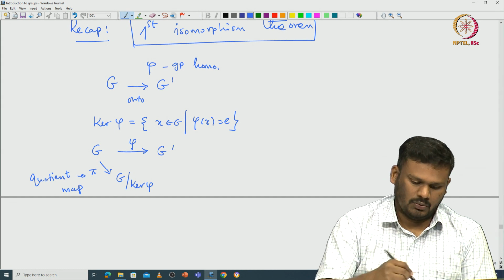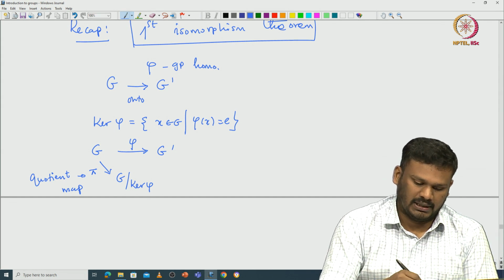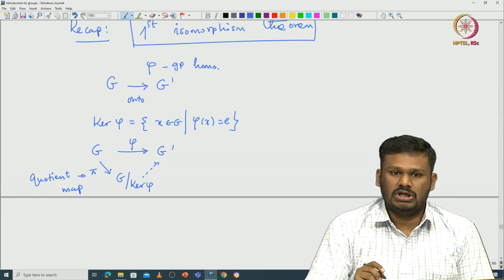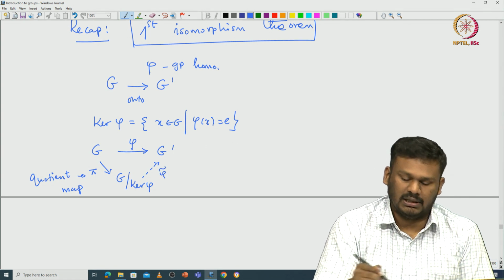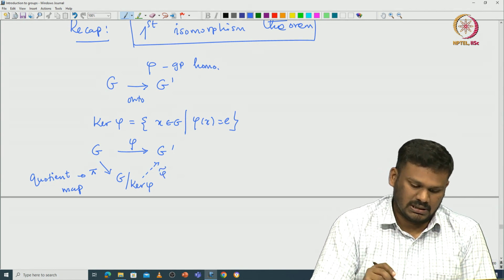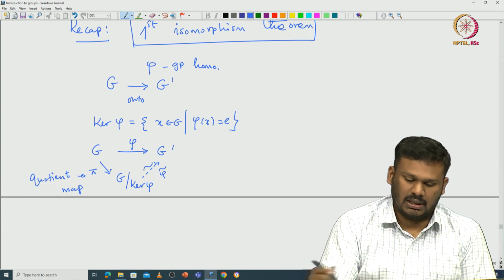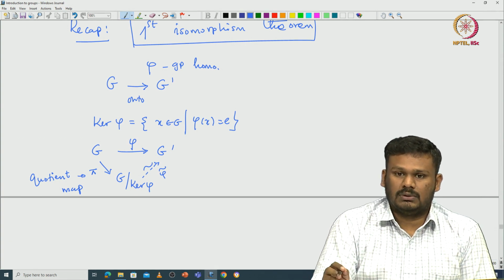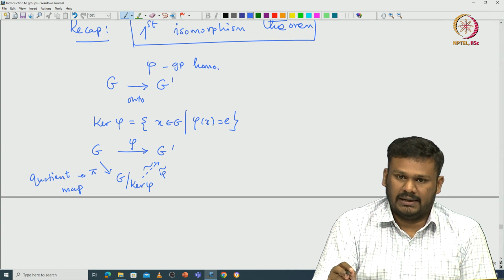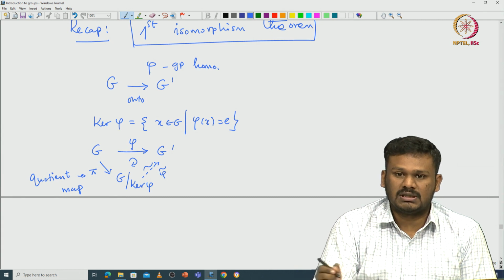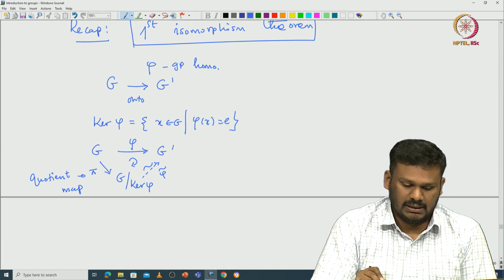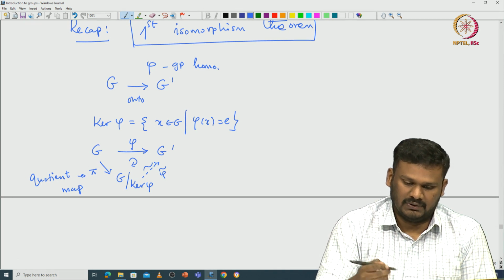What we proved is that there exists a map from this G modulo kernel phi, which we called phi tilde, such that this is an isomorphism. In diagrammatic language, we say that this diagram commutes, and not only that, this phi tilde is indeed an isomorphism, that is part of the theorem.